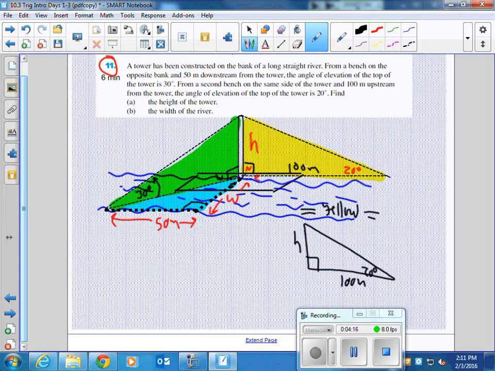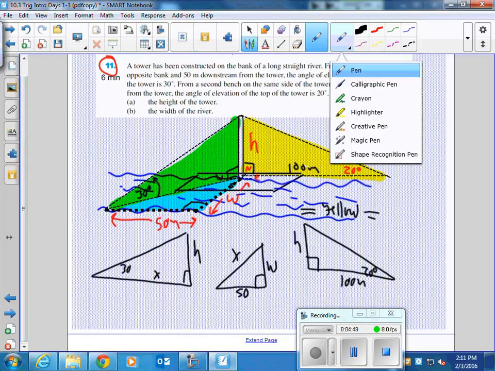So I bet you're going to be fine in finding that h. But figuring this one out, you're going to want to make two triangles. You're going to want to make this green one, angle 30, and I'm going to call this length x. And you're going to want to know the blue one. And the blue one is going to be this x, 50, and you want to find the width.